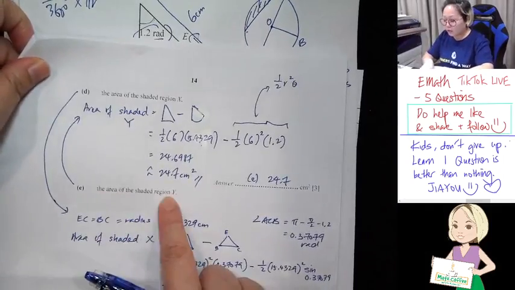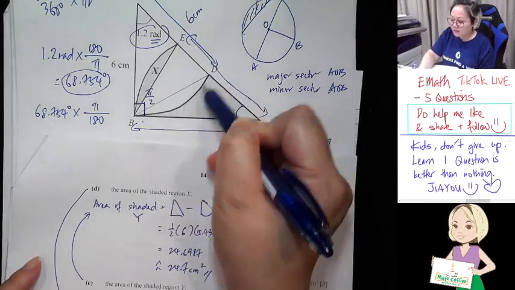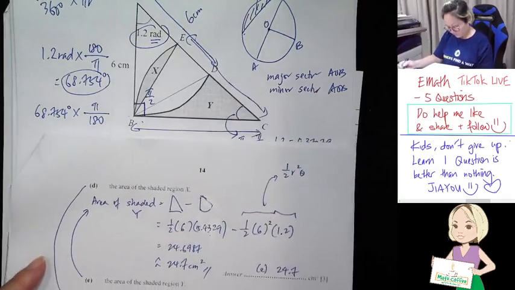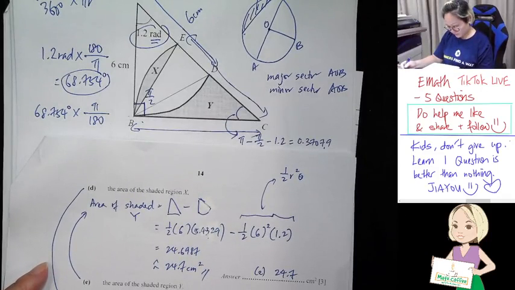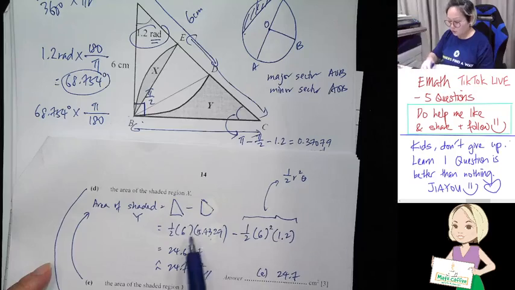One last part. Now the last part is to find the area of shaded Y. Shaded Y is this one. So how do I find this? Look at this one.